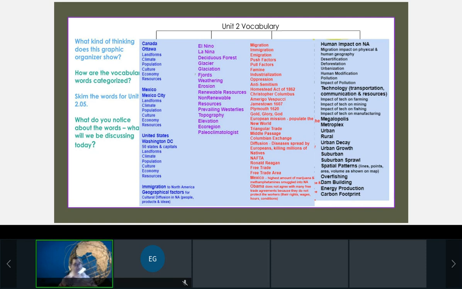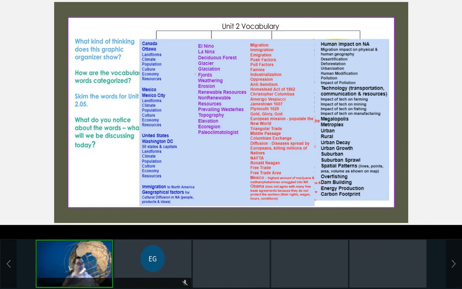Tell me what they have in common. Okay. Thank you, Crystal. You can't see what they say? Well, I'm trying to get them as big as I can, but I don't think I can get them any bigger. So, Canada and Ottawa, landforms, climate, population, culture, economy, and resource. These are all economic or all geographic terms, right?